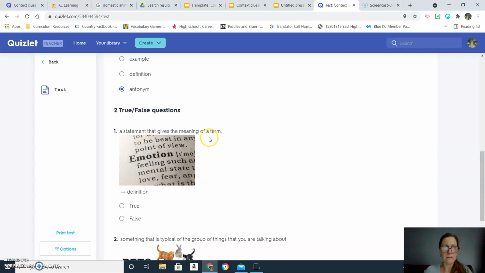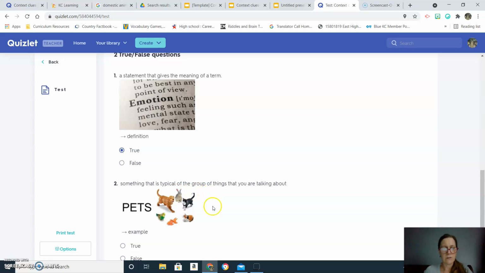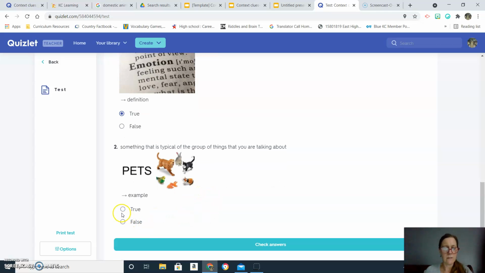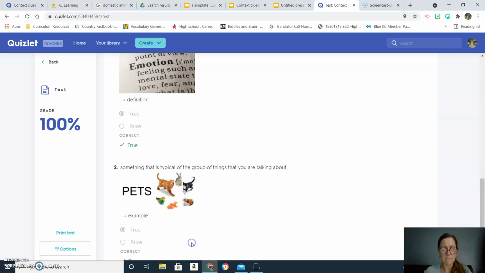A statement that gives the meaning of a term, definition. Is that right? I'm going to say true. Something that is typical of a group, example. I'm going to say that's true, and now I'm going to check my answers. 100%, good job.